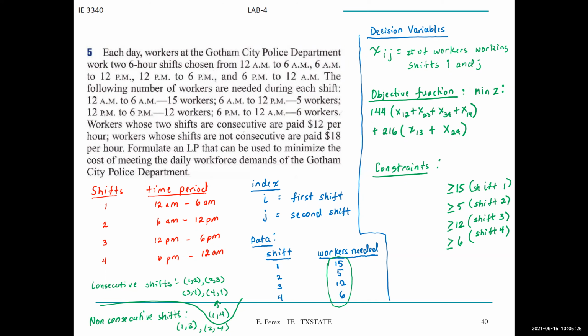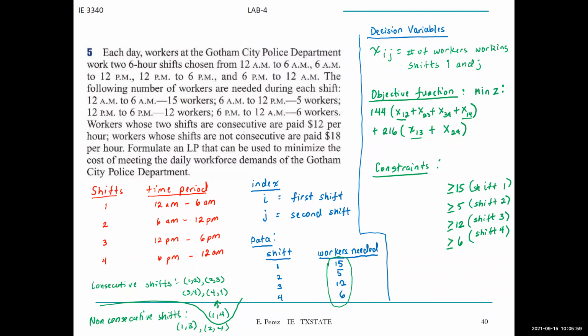So for shift one, I'm going to look for those decision variables that have an index equal to 1, because that means that decision variable is representing the number of workers for that shift. So for instance, if I look at this list, I have X12, I have X14, and I have X13. Those three are accounting for workers that are going to be working shift one.